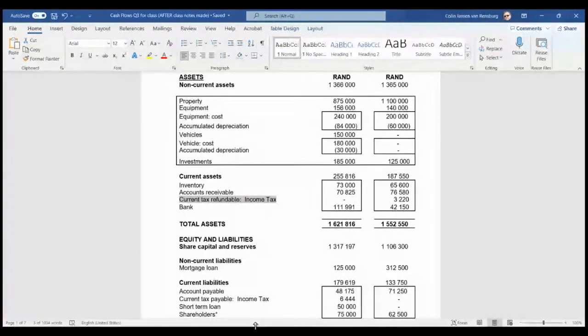My question here, and this one you'll have to think about a little bit, so I'll give you a few seconds: should we go and look at the change in that figure, in that reconciling note as well? Yes or no?